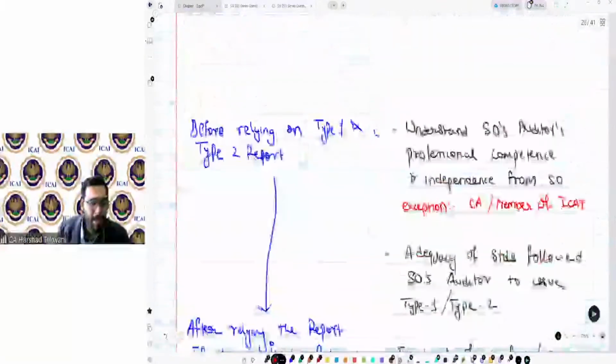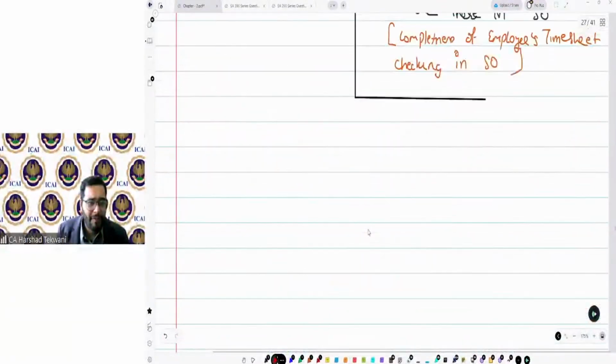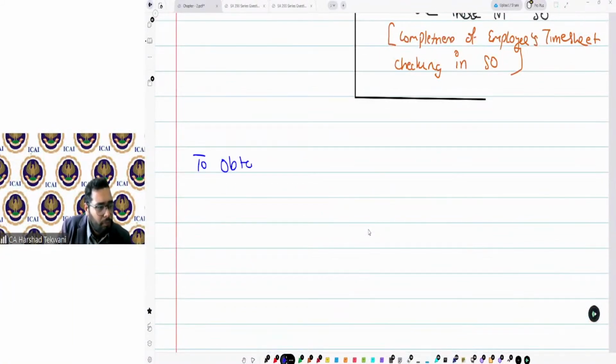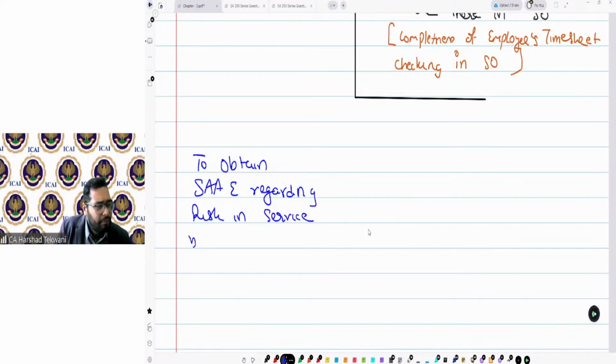So what I can do is obtain sufficient and appropriate audit evidence regarding risk in service by the service organization.